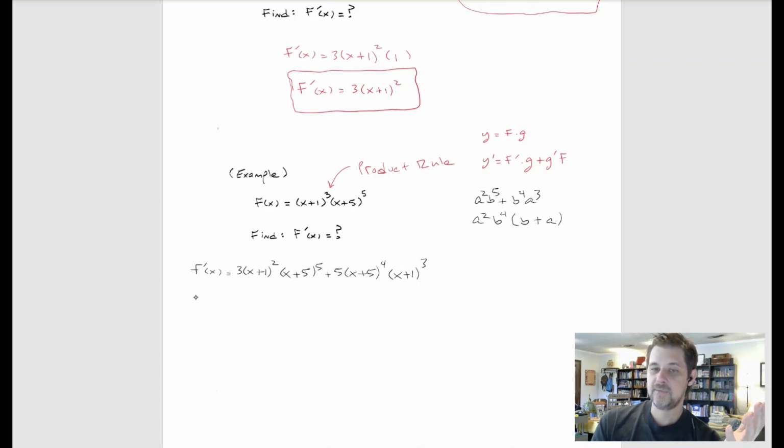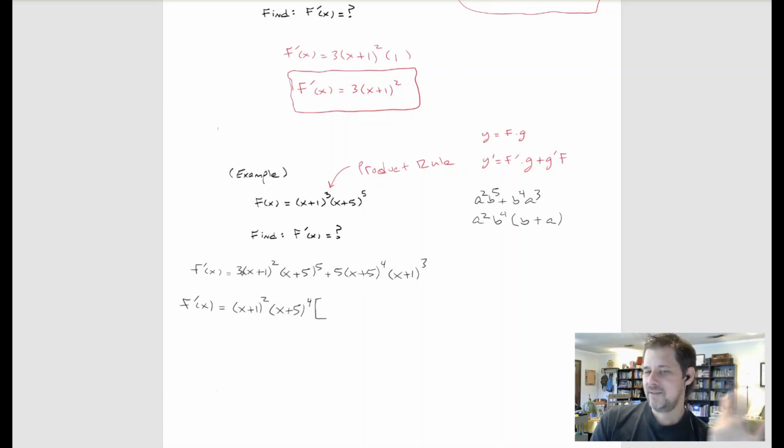Okay, so let's try it. Here's our road to the simpler form of our answer. I could factor out 2x plus 1s, because I've got 2 here and 3 there. And then I could factor out 4x plus 5s, because I've got 5 here and 4 there.